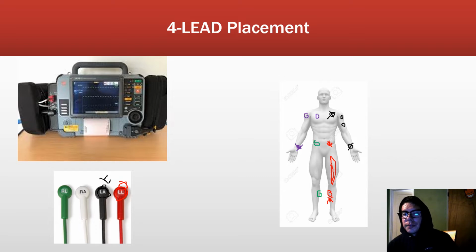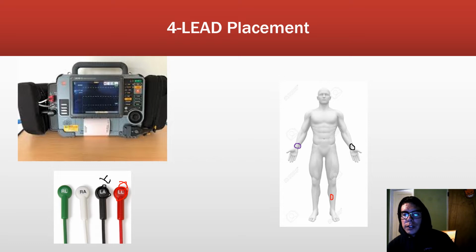So I'm going to erase all this extra stuff and draw it out again, but I'm only going to draw where we would normally put them. Our white one, go there. Our black one, go there. Our red one, go like there or lower.